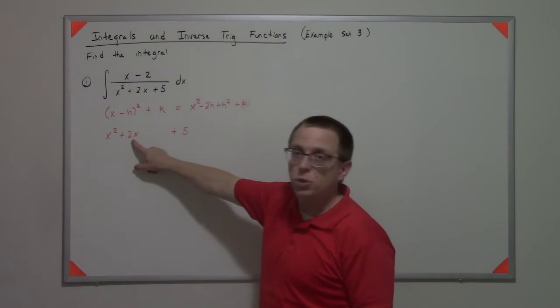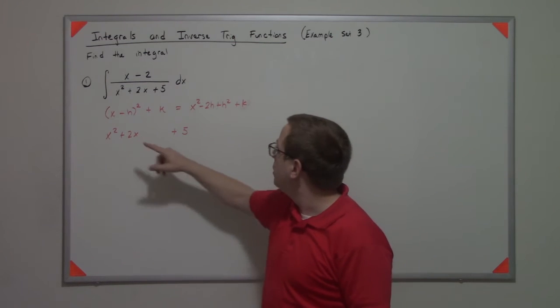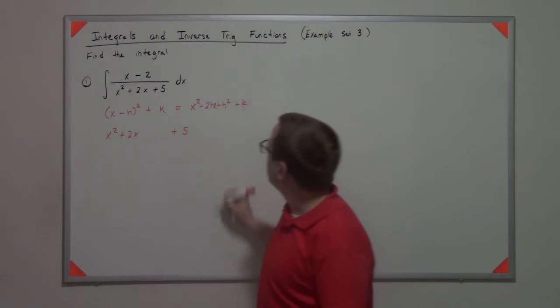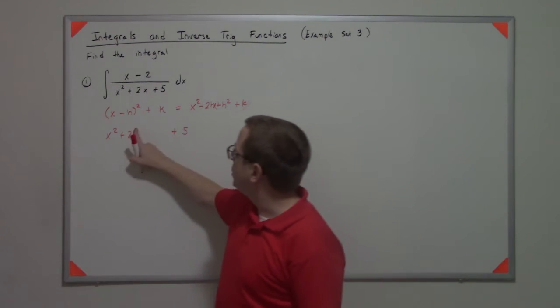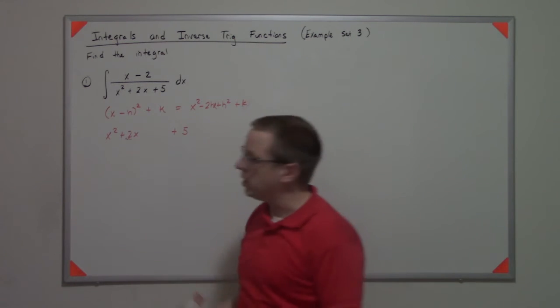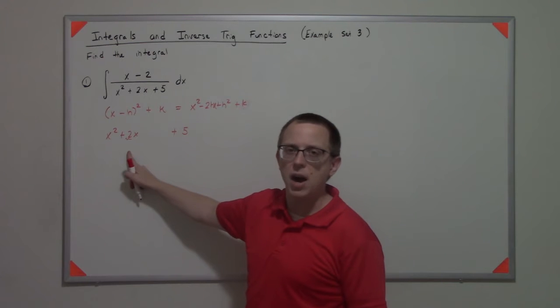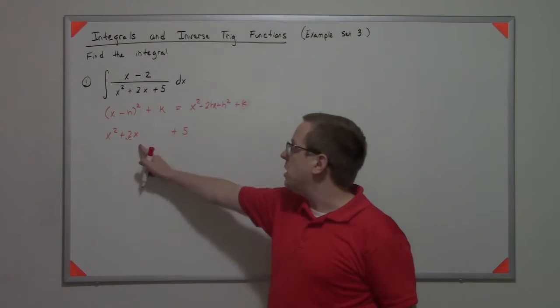So what you do here is you do the same thing. You divide this by 2 and square it. You take just the coefficient, leaving off the x. So if that was like 10, for instance, divided by 2 would be 5, and square it to get 25. And this could be negative or positive. In this case, it's positive.